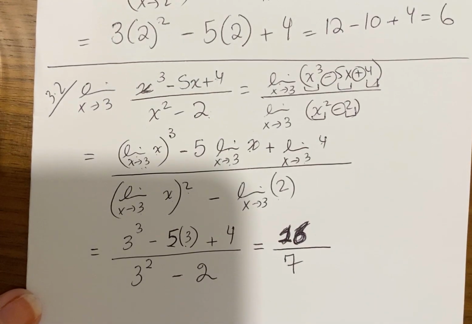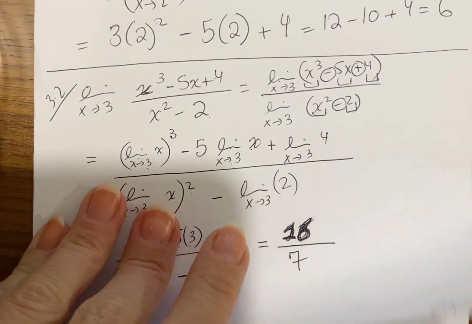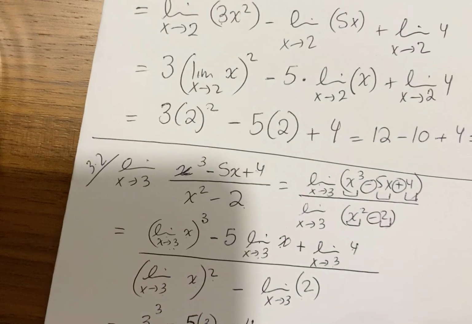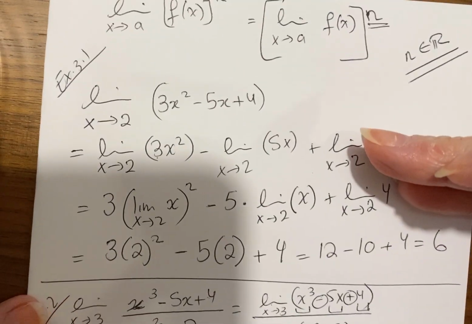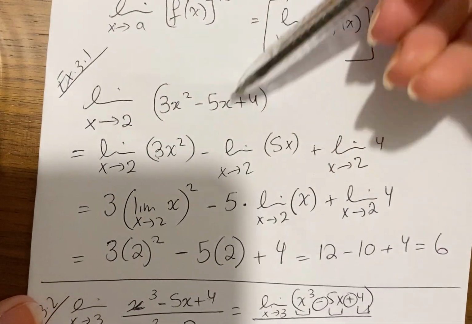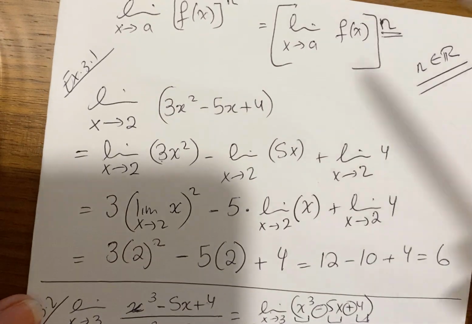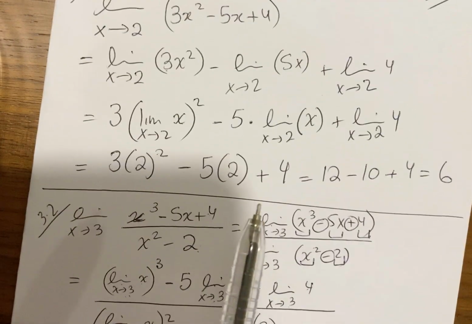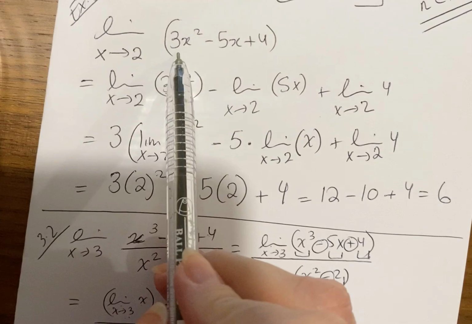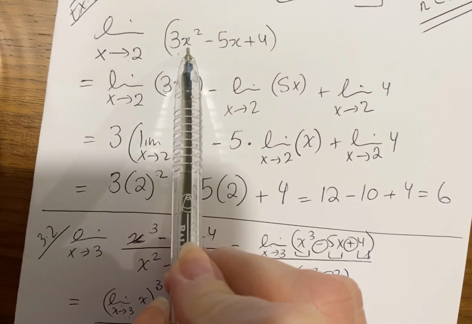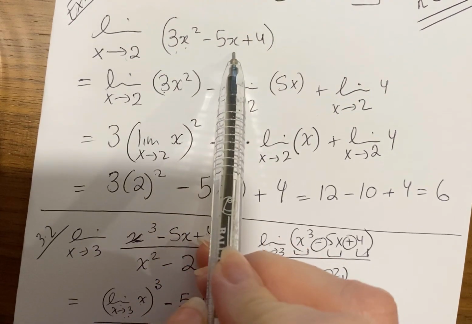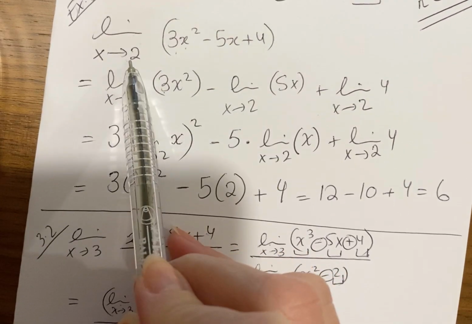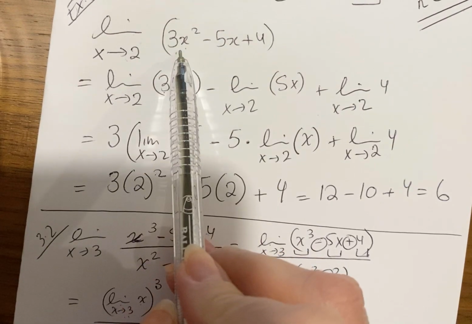Makes sense? Now, if you are listening to me, then you should tell me, okay, I noticed what you've been doing. And if you notice what I ended up doing in each of those scenarios that I had over here, the 3 went out, then I did limit x squared minus 5 limit x plus 4, and limit x at 2 is just as if we are substituting 2.